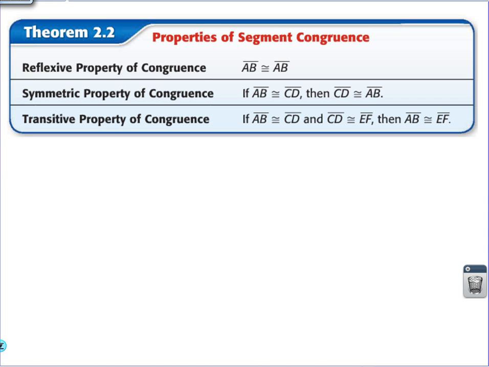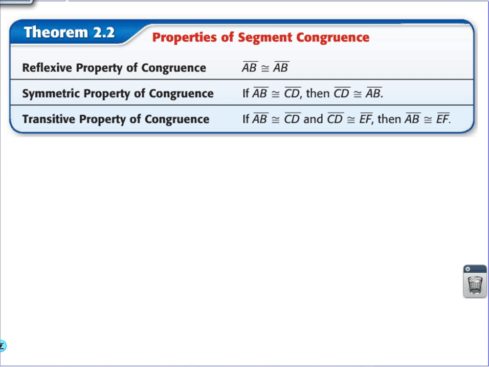But instead of having to say, well, if they're congruent, then they're equal, and then we apply the properties, and then we go back and say, well, then they're congruent, we can now have these three new ones: the reflexive property of congruence, the symmetric property of congruence, and the transitive property of congruence, not equality.